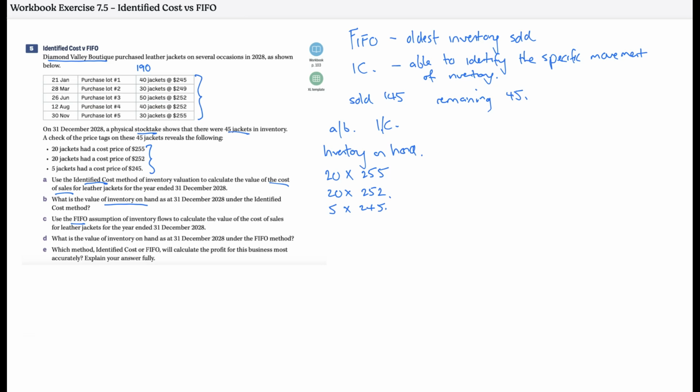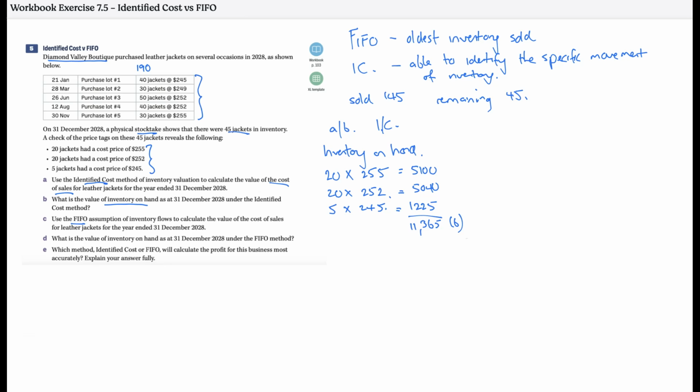Now, if we do the calculations for these, and you would use a calculator for this, 20 times 255 equals 5,100. 20 times 252 equals 5,040. And 5 times 245 equals 1,225. If we add these up, that must mean we have $11,365 of inventory on hand, being our answer to B.